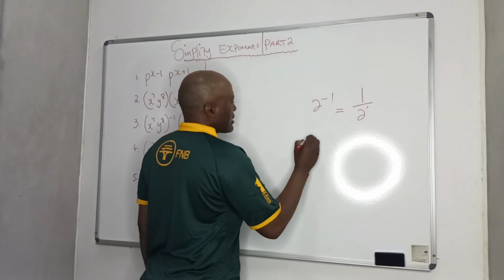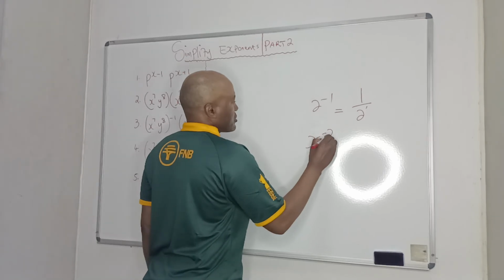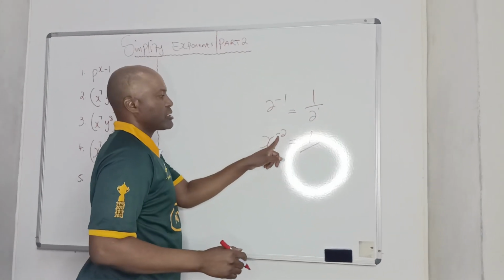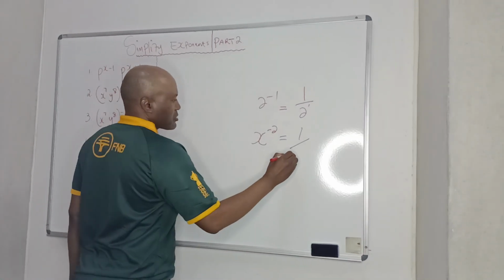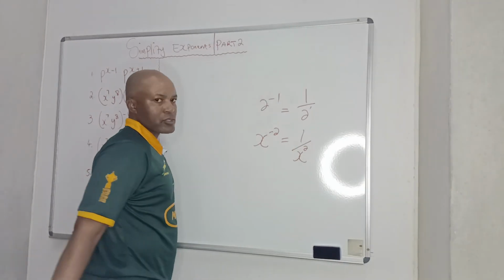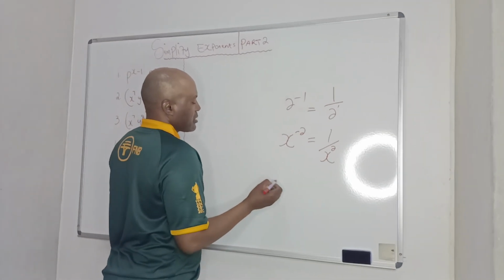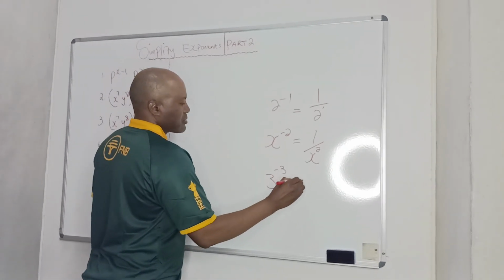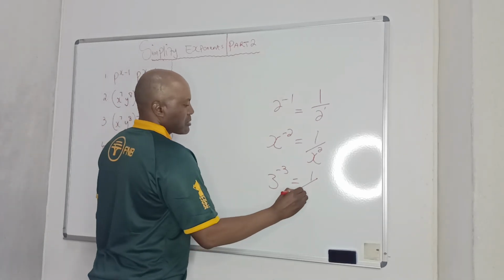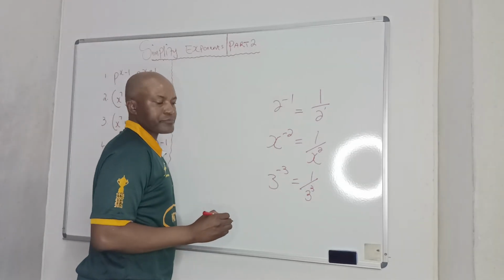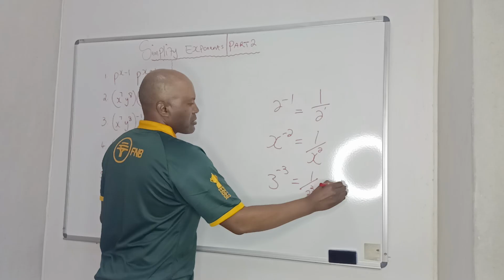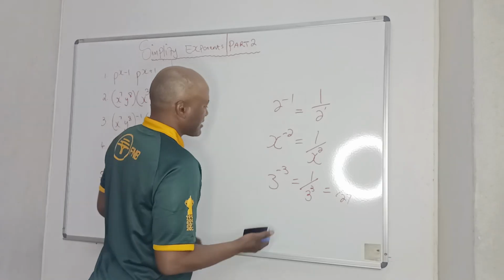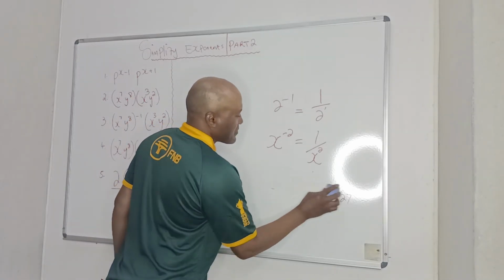Even if you find x raised to negative 2, always it's 1 over, and you change the negative to be positive, x raised to 2, x squared. If you find 3 raised to negative 3, this is going to be 1 over 3 raised to 3, which is 1 over 27. Bear that in mind as well. Very, very important.